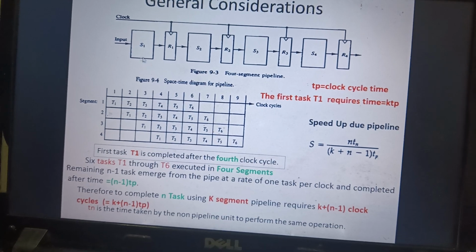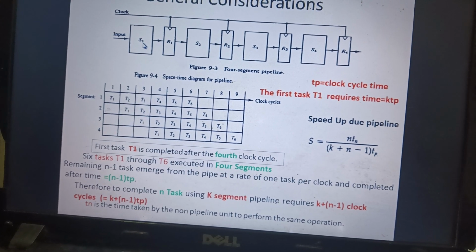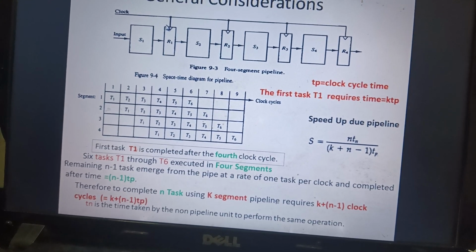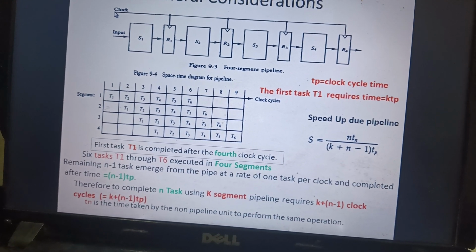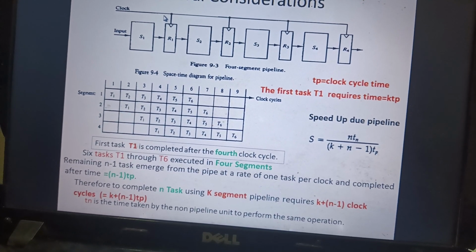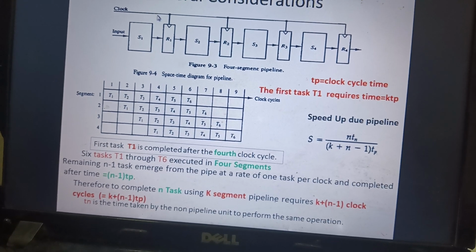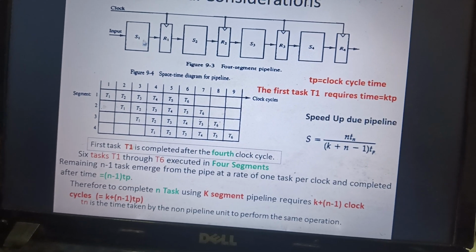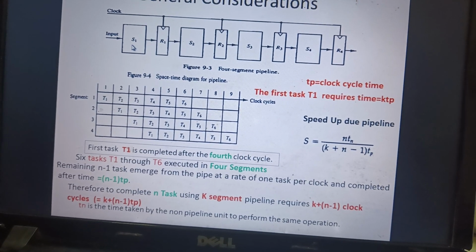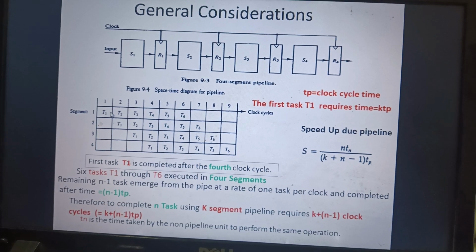The first sub operation is performed in S1, and after application of the clock pulse, during the first clock period, the operations performed by this sub operating unit are given to R1. So it is shown here.